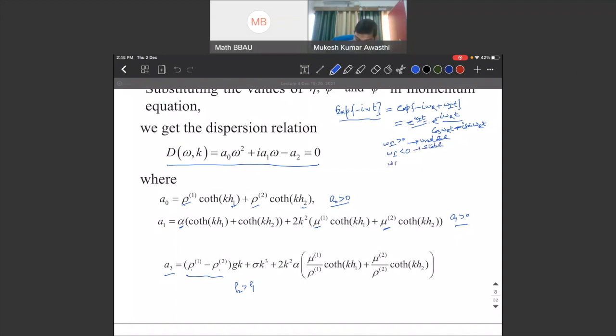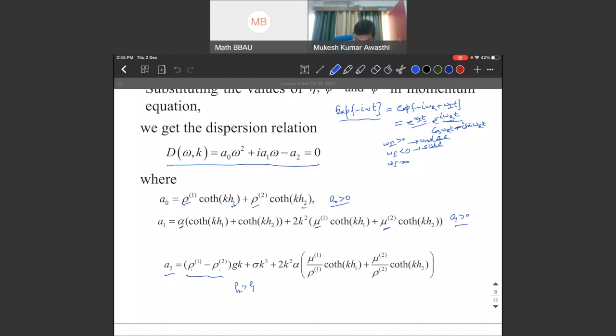Now if omega I is 0, then this is a neutrally stable case, depending on whether omega r is non-zero or 0. If omega r is non-zero, then overstability occurs, otherwise it will be a stationary stable situation.